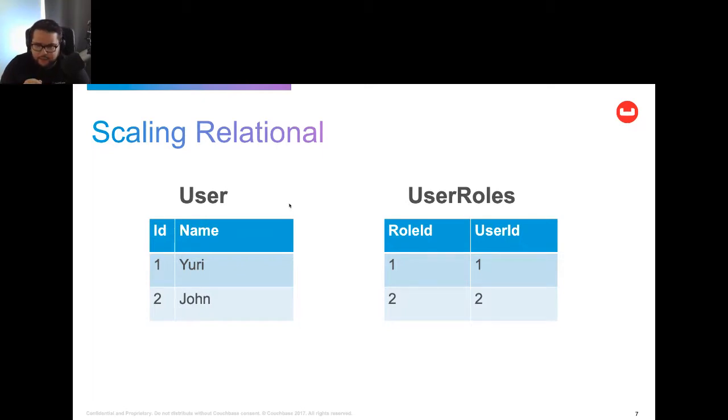Let me give an example of that. For instance, here, let's say we have two tables. One is the user and the other the user roles. And naturally, you have a roles table here as well.